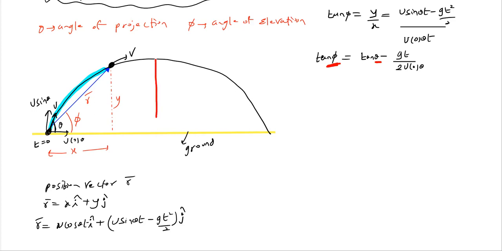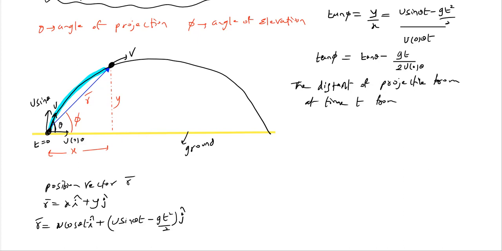Okay, this as usual is maximum height. So we have defined the position vector and the angle of elevation. Next, again, the distance of the projectile. The distance of the projectile at time t from the point of projection is given by mod of r.